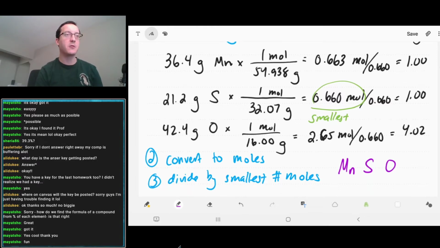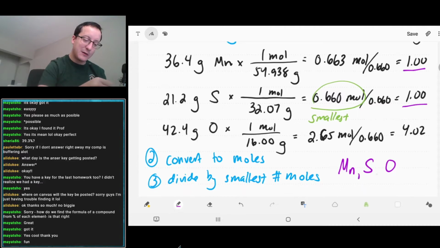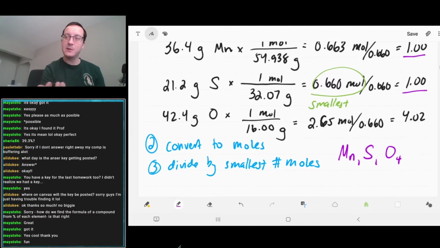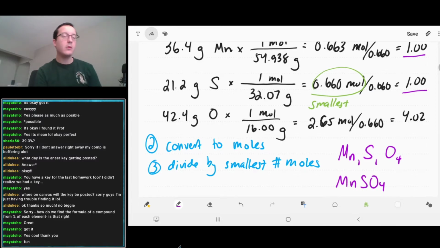We might as well put them in that order. What these tell us is that for every 1 manganese, we have 1 sulfur, and for every 1 manganese, we have 4 oxygen. So we have a ratio of 1 to 1 to 4. And since in chemistry we don't really write the ones, we are just going to make this MnSO4.